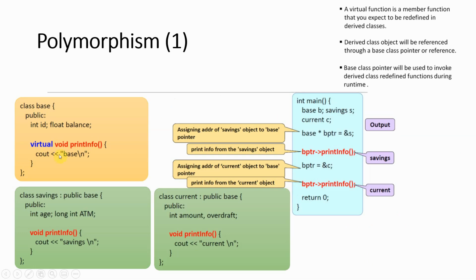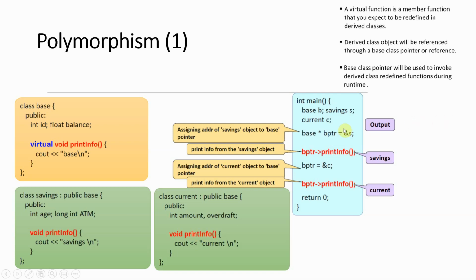But by just adding the virtual keyword before the member function, we provide polymorphism. So basically this line can assume different shapes. It might call this function, it might call this function, it might call this function.